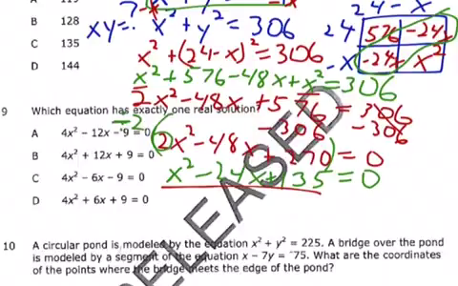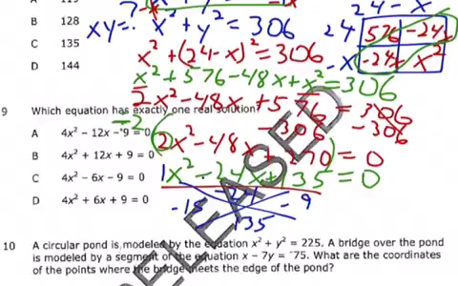Multiplying my outside numbers, 1 times 135 gives me 135. They need to add up to my middle number, negative 24. So what factors of 135 add up to negative 24? That would be negative 15 and negative 9.